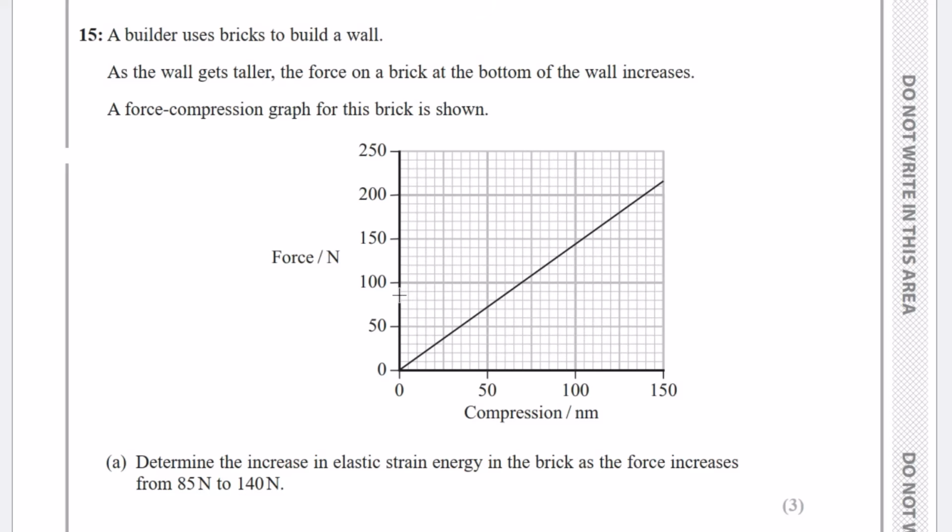This is 90 and this should be 85. So 85 corresponds to this value. And yes, that's how specific you'll have to be. 10 squares represent 50, so one square should represent 5. So this is 55, this should be 60.